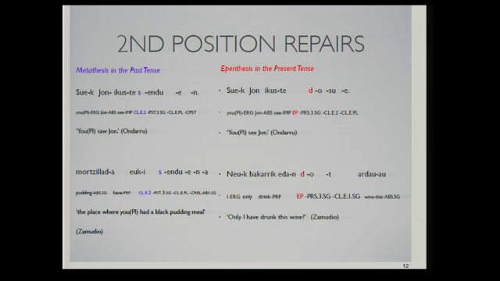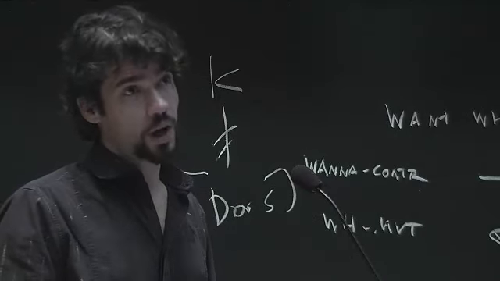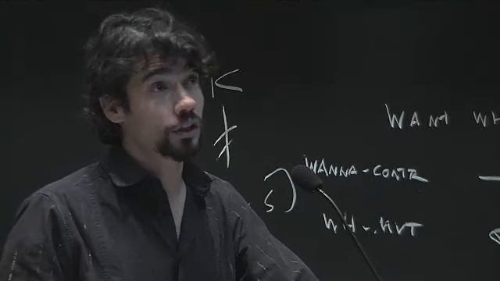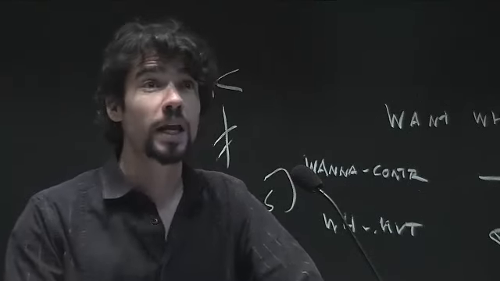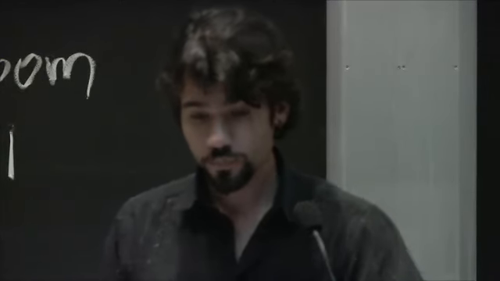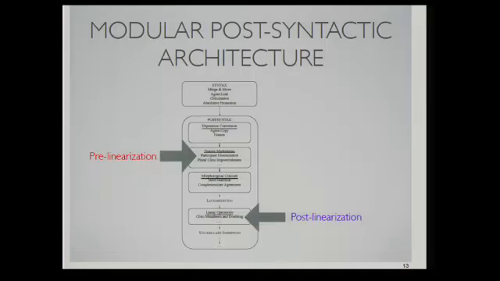Okay, so I've shown you two morphotactic processes, and now the question is, can we find any derivational interactions between them? And if so, how might that follow from the very nature of these operations themselves? So in this architecture, as you may have noticed, there are operations that are pre-linearization and post-linearization.